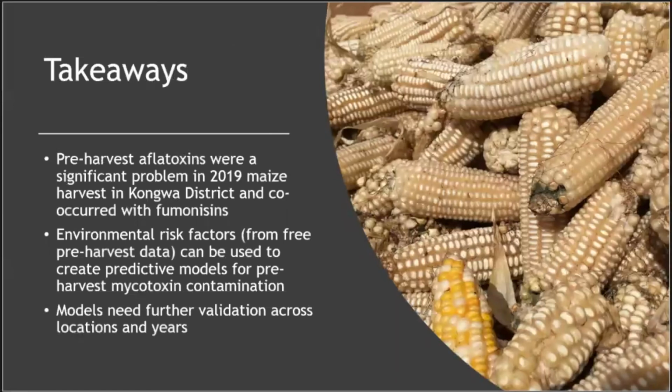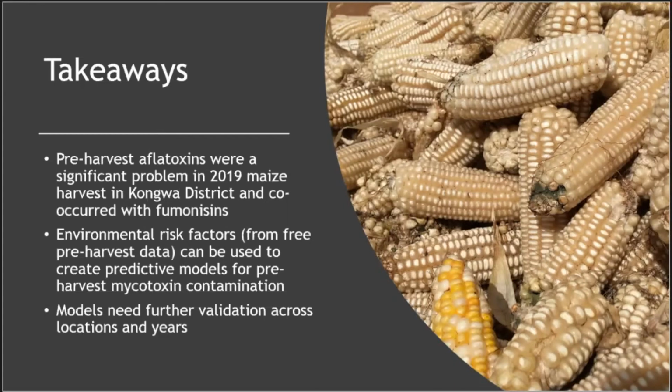So takeaways from this are that Congo District in 2019 had an extremely tough maize growing season that resulted in significant aflatoxin contamination. However, it did provide an opportunity to really understand how these environmental risk factors that are freely available and are pre-harvest could be used to create predictive models.